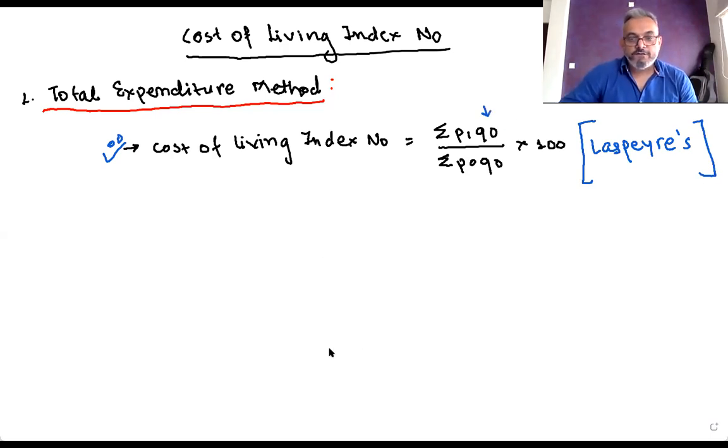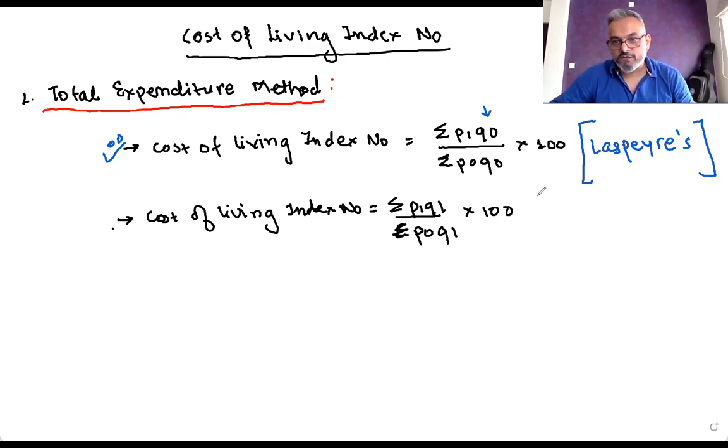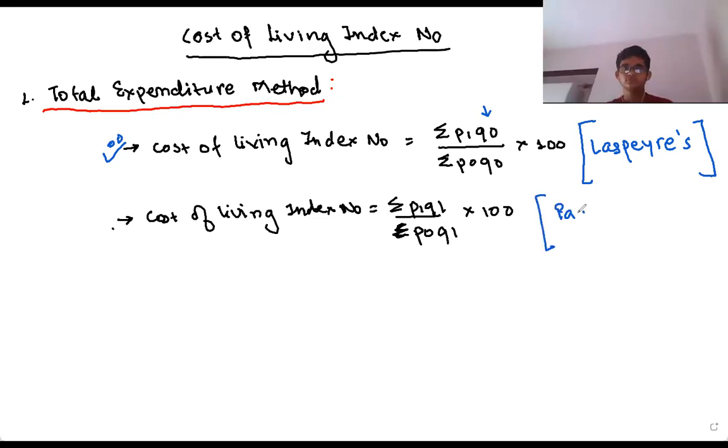So if information for Q1 is given, then we use the second formula: cost of living index number is equal to sigma P1Q1 upon sigma P0Q1 into 100. Now, can you tell me which statistician gave this formula? Paasche.